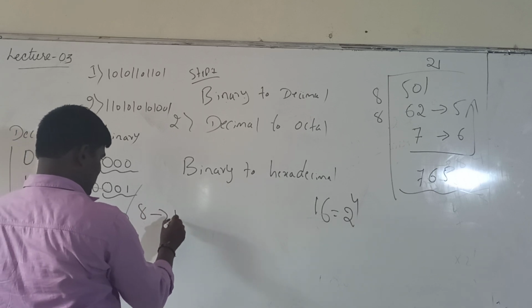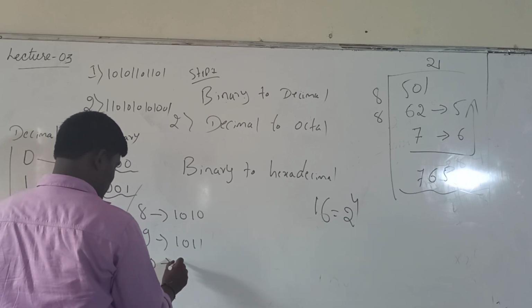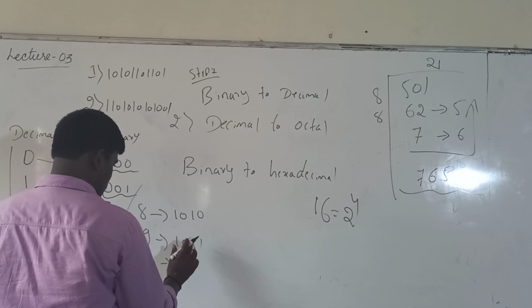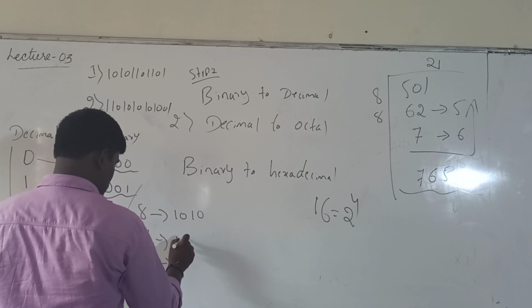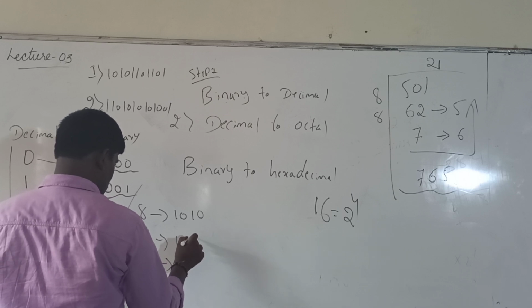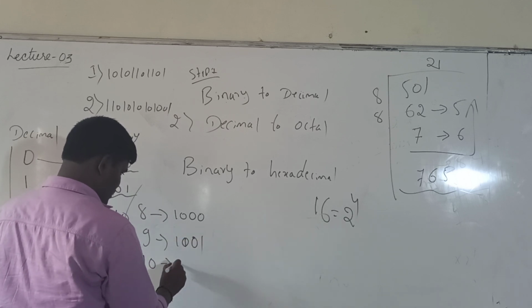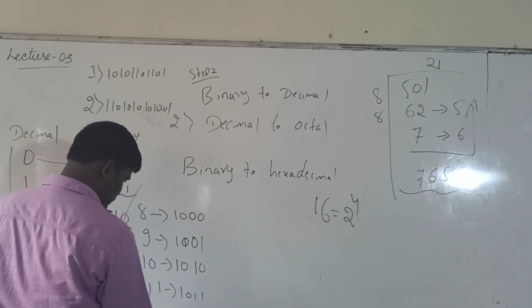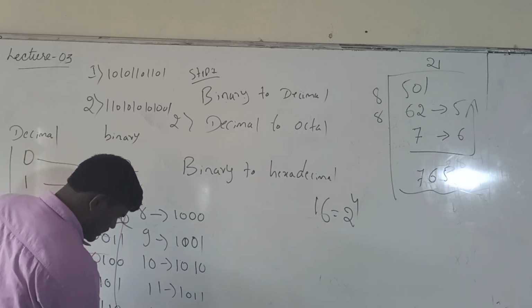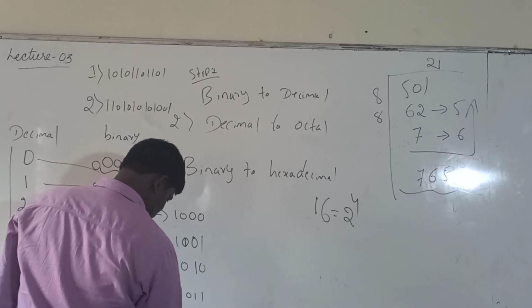8 can be represented as 1 0 0 0. 9 is 1 0 0 1. 10 can be represented as 1 0 1 0. 11 is 1 0 1 1. 12 is 1 1 0 0. 13 is 1 1 0 1. 14 is 1 1 1 0.